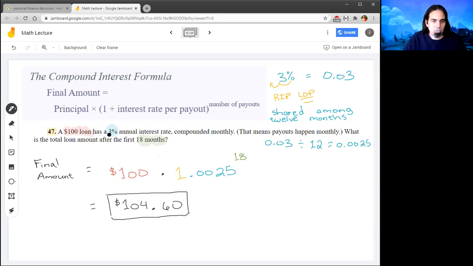Again, if it was 3% only, it would be $103. So it's slightly more because of the compounding. Okay, let's do a bunch of examples more, especially since I messed up on that one and confused everyone.